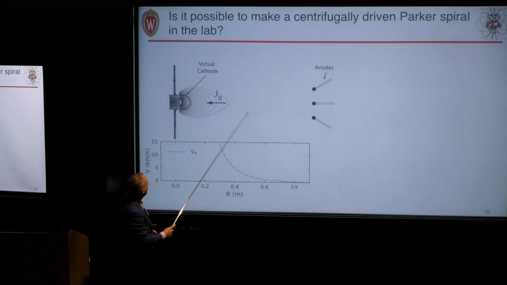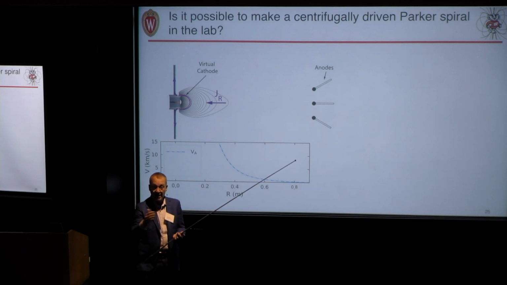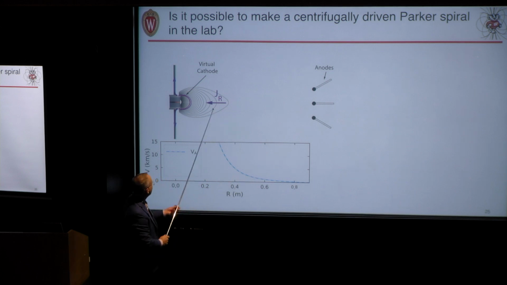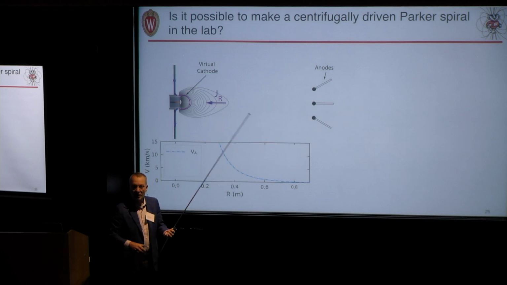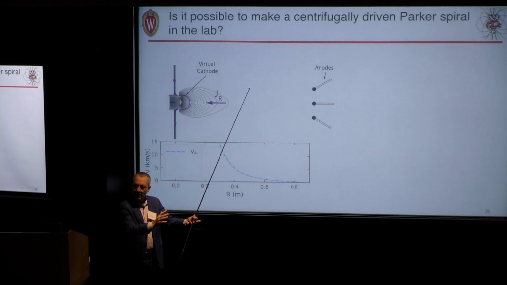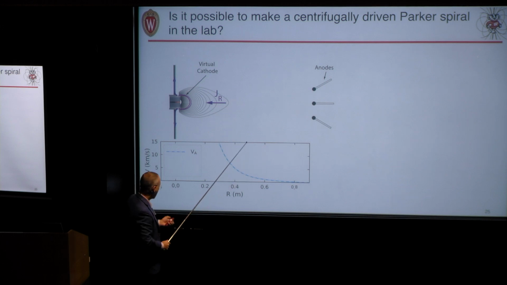Equivalently, there's a point in here that we'll call the Alfvén point, where the flow speed equals the Alfvén speed, and the plasma transitions from magnetically dominated here in the center to flow dominated on the outside. So at some level, we're just trying to create an interface between a magnetically dominated and a flow-dominated plasma and see what happens at that spot.